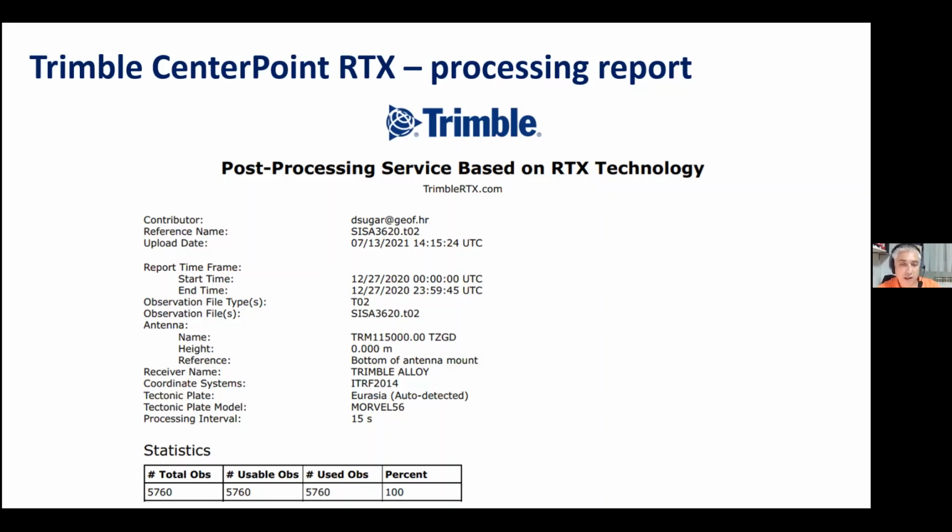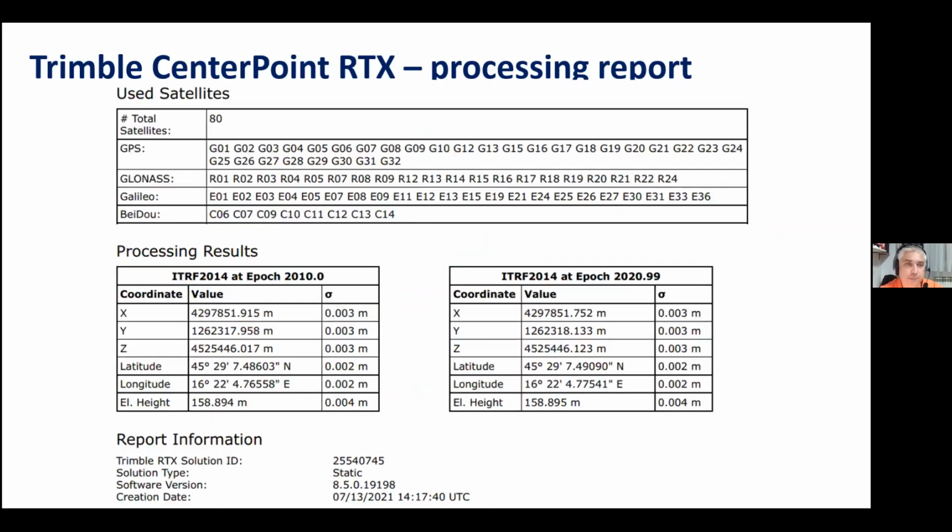Since the logging rate was 15 seconds, there are altogether 5,760 epochs contained in the observation file. All those epochs were used in the processing, so the score was 100%.